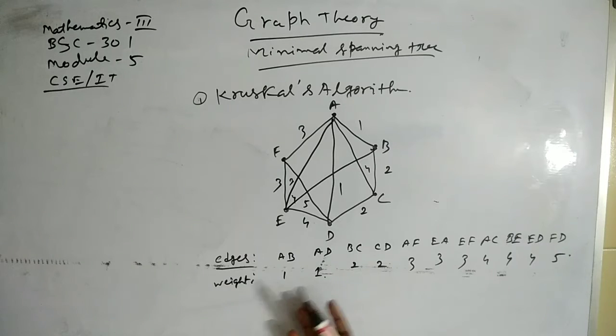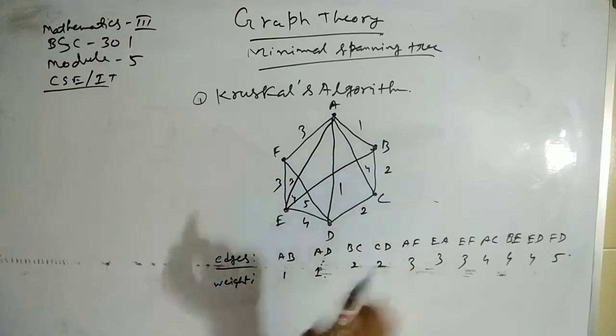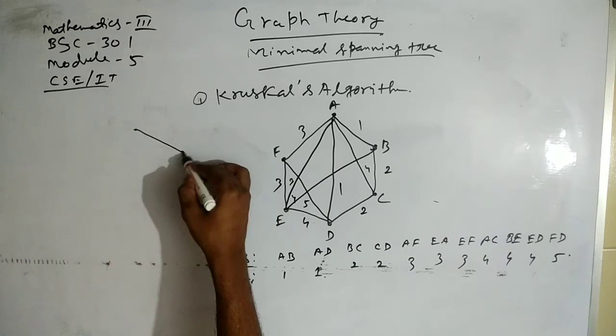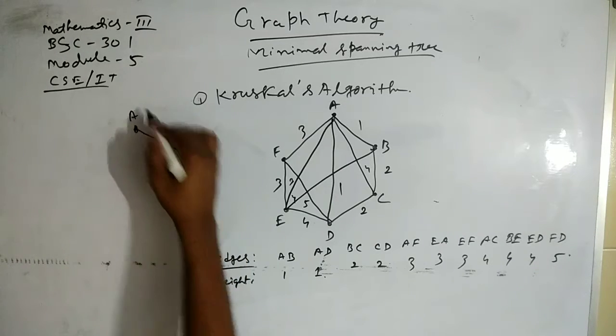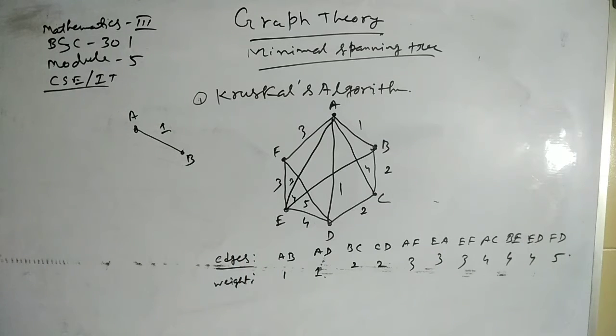So after arranging, from the first we have to take the edges and draw. Okay, first edge is AB. This is the edge AB with weight 1. Now I am drawing AB with weight 1. This is step 1.